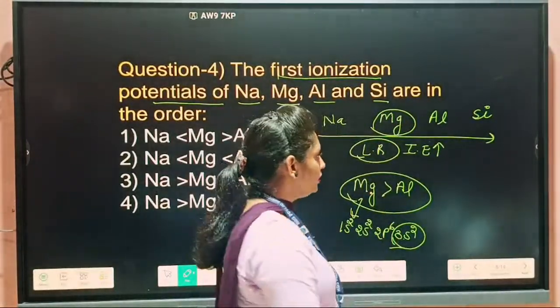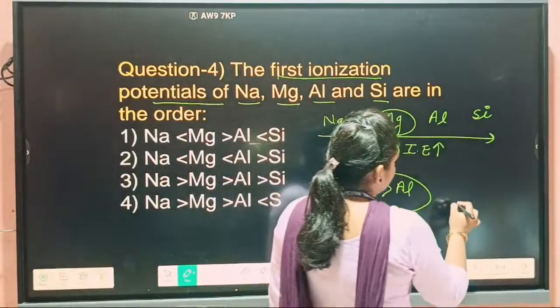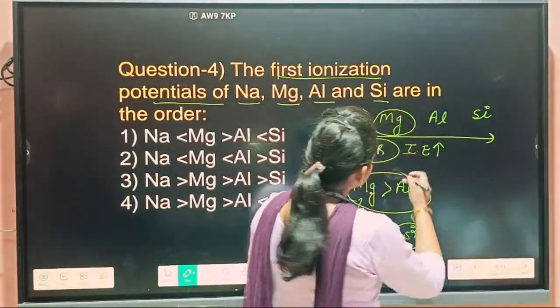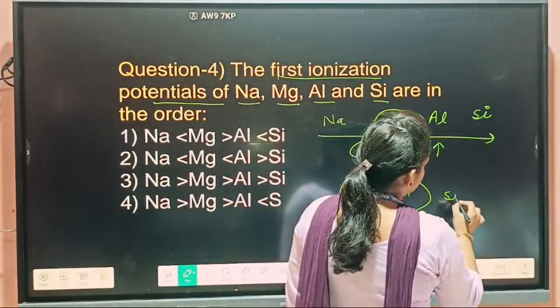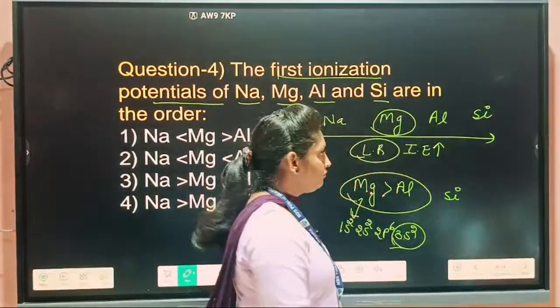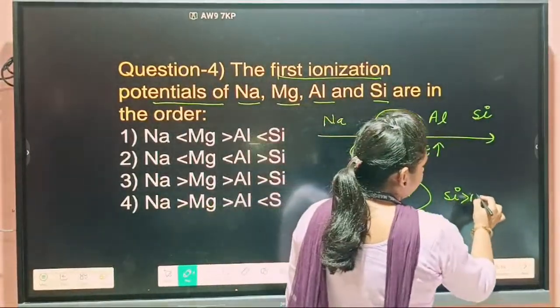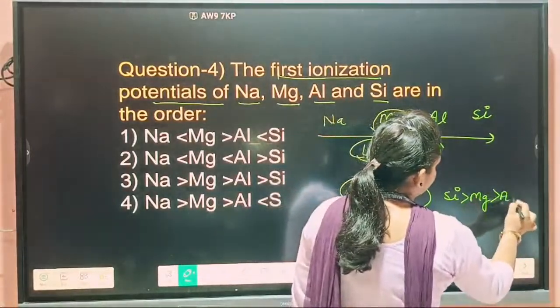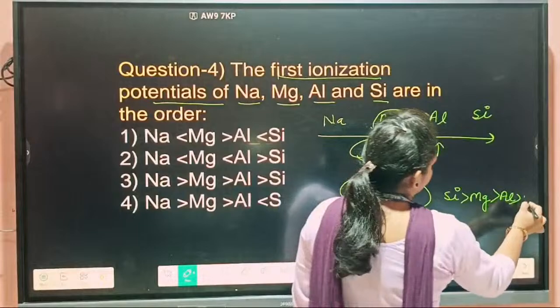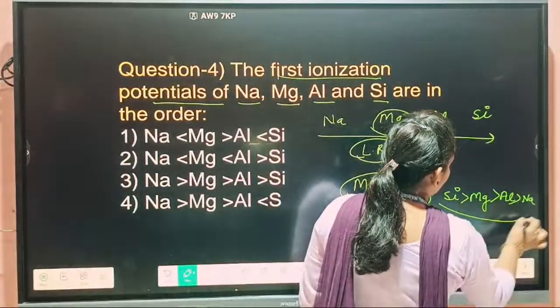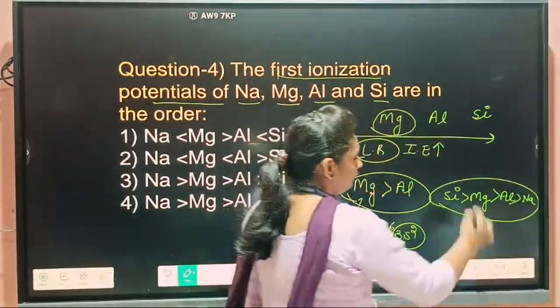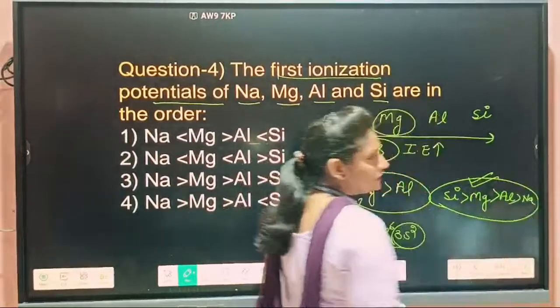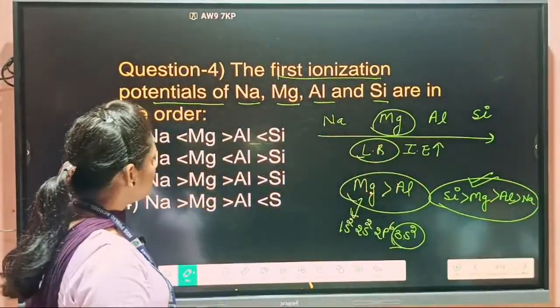Okay. So what should be the order? The order should be: silicon has the maximum. After silicon, magnesium. Then aluminium and then sodium. So this should be the order. Now see in which option this order is given to us. Which one is the option?